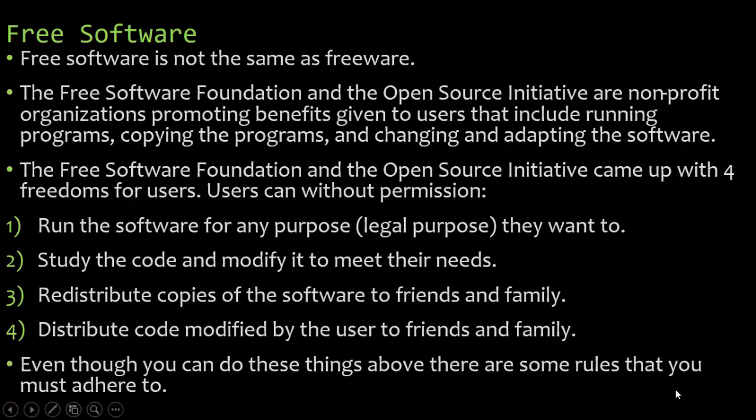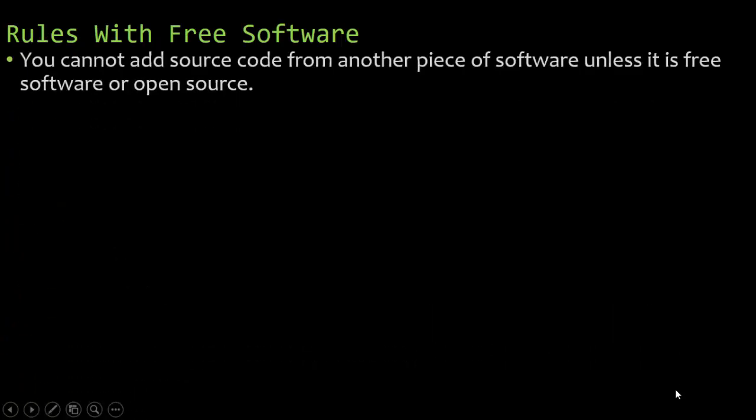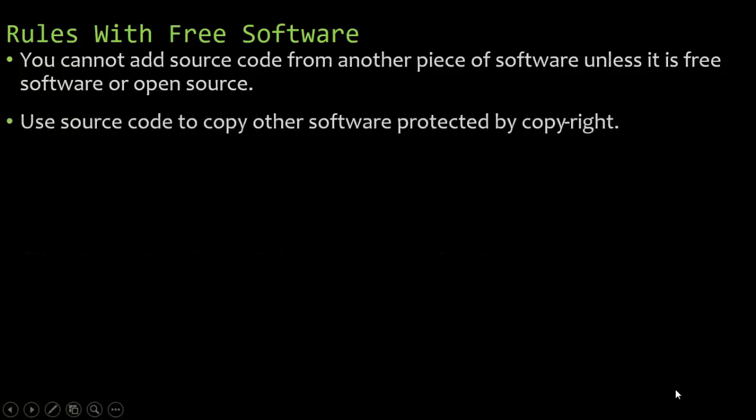Even though you can do these things, there are some rules that you must adhere to. You don't have unlimited freedoms, but there are some guidelines. You cannot add source code from another piece of software unless it is free software or open source. So you cannot take commercial software, take code from that, and put it inside a piece of free software.